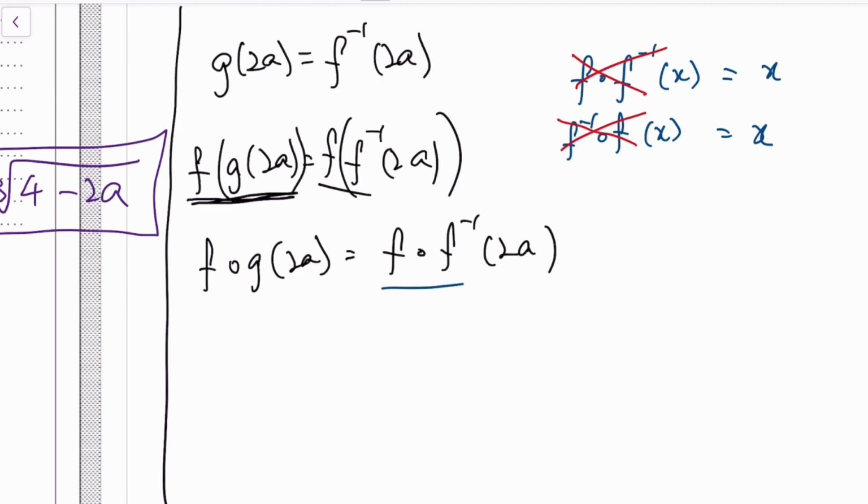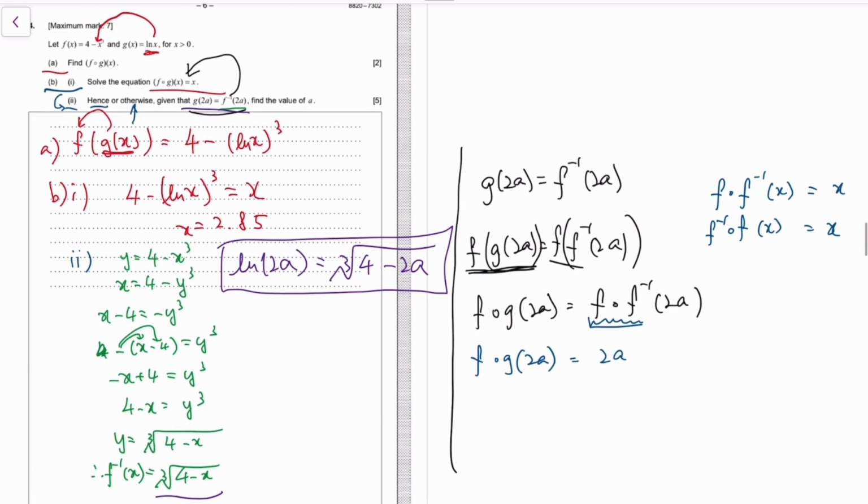So whenever they touch, if you have x, you will only have x left. So that's basically the definition of an inverse function. So this f circle f inverse will be gone. So it becomes f circle g of 2a equal to 2a.